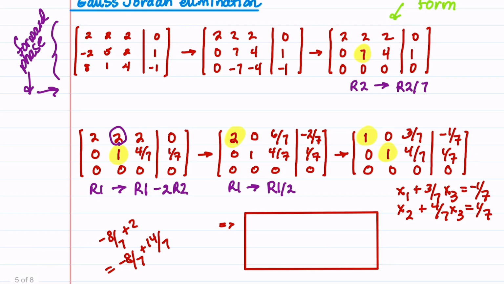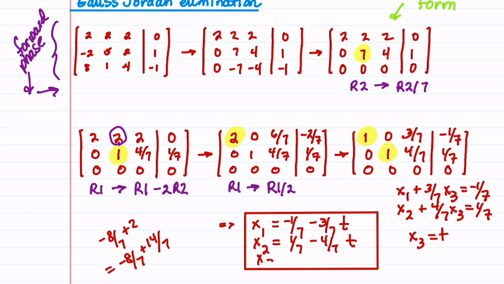Let's now make a note that x3 is equal to t, just like we did on the previous page. So we can now solve for x1. So x1 is minus 1/7 minus 3/7 t. x2 is 1/7 minus 4/7 t. And lastly, x3 is equal to t.